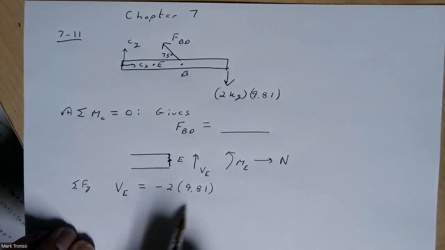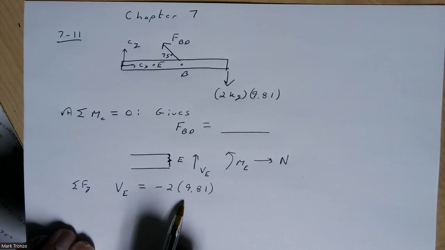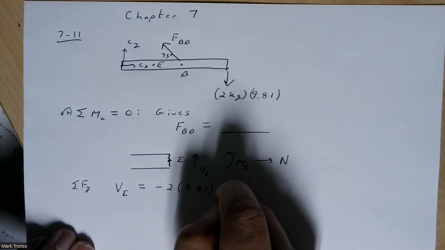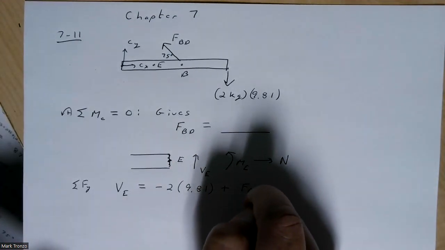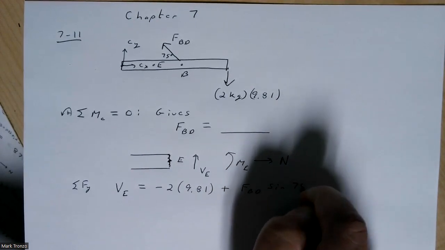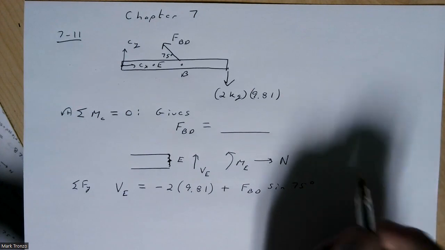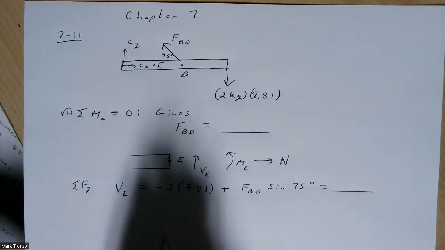And you could set this up in different ways. So we have VE equal to this, plus whatever you got for FBD here, times the sine of 75. So put whatever you have, and that will give you VE.